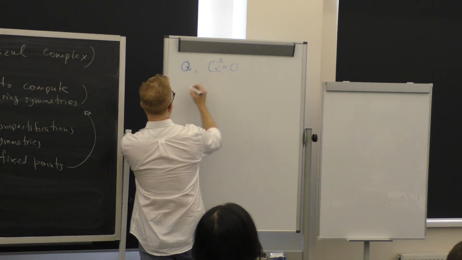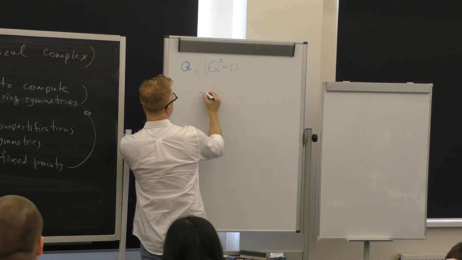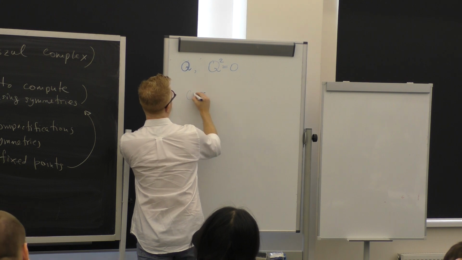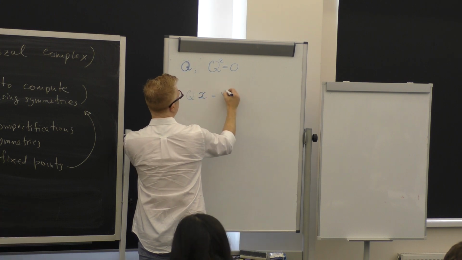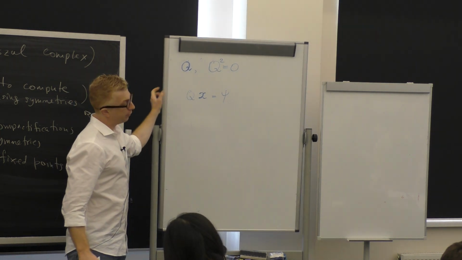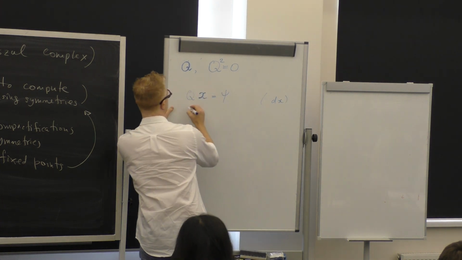So we had some fields which I was denoting by letter x. So these are coordinates on some space, and Q acting on x gave a fermionic partner, a one-form. So this is like dx in ordinary notation.